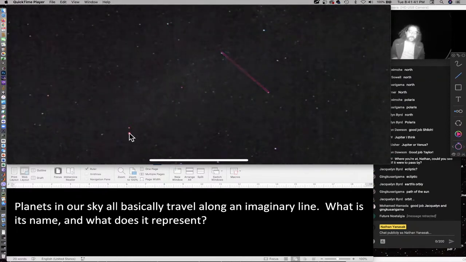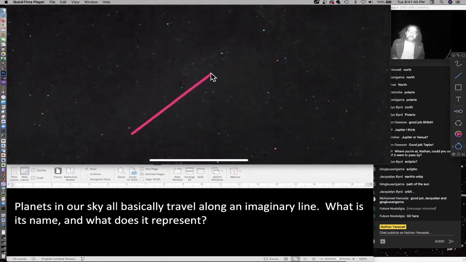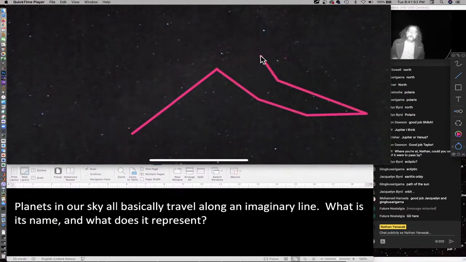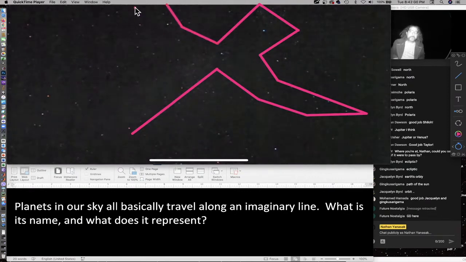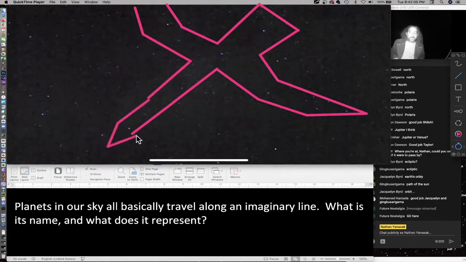And so if you were to draw a bird around it, it would look kind of like this. And then its wing kind of does this number here.